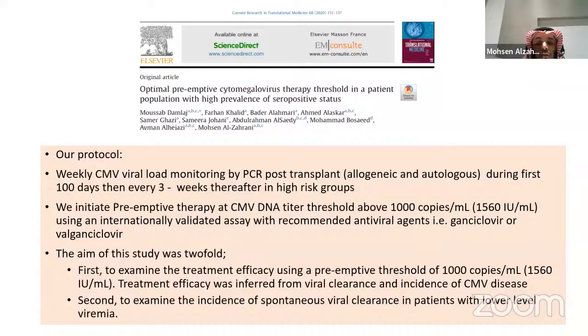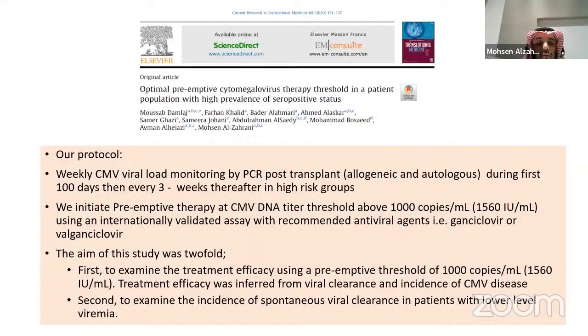We have a few patients with autologous transplant who did have reactivation post-transplant, and a few of them were diagnosed at a very late stage after they developed symptoms and disease, because previously we were not testing for that. So we do weekly titer for the first 100 days, then every 2 to 3 weeks in high-risk groups.